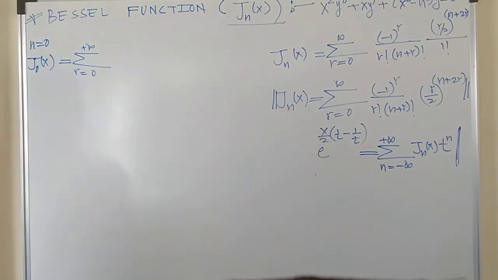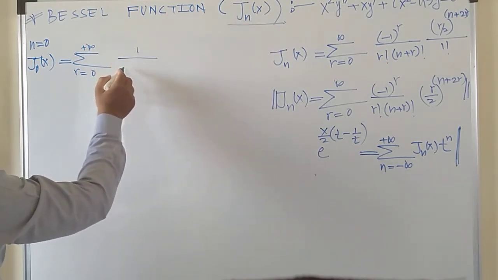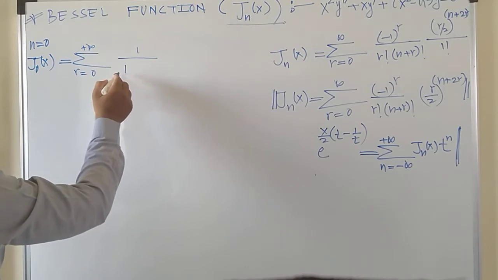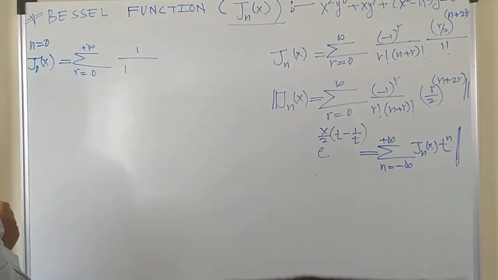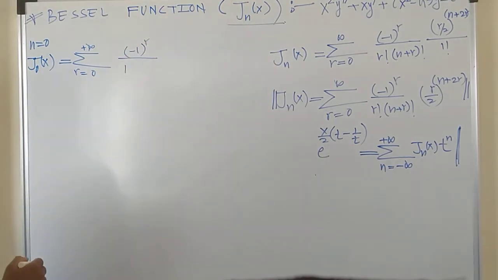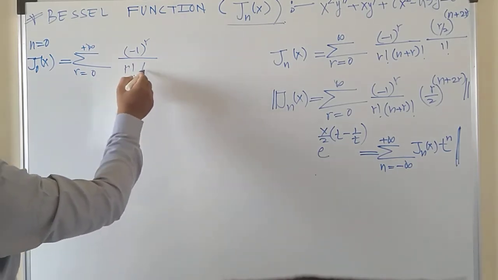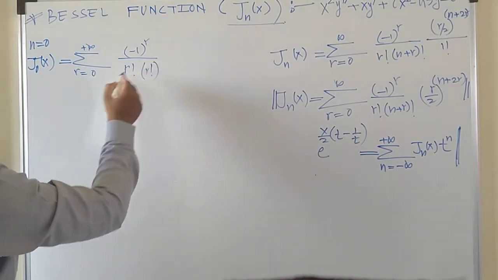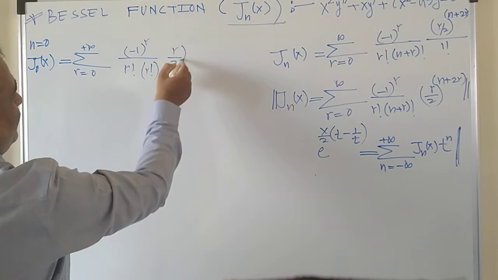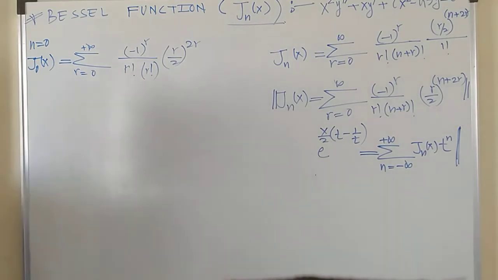Minus 1 raised to r, divided by r factorial into n plus r factorial, where n is 0, so that means r factorial, and x by 2 raised to power n plus 2r, that means 2r, isn't it?